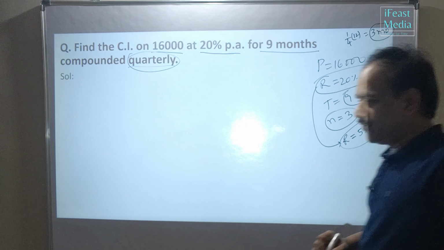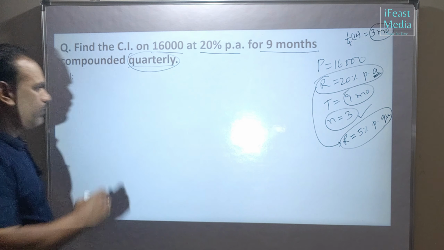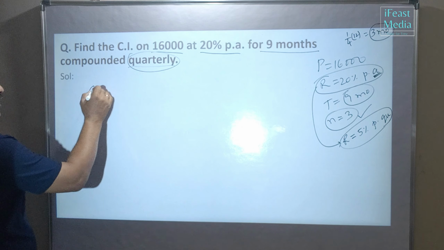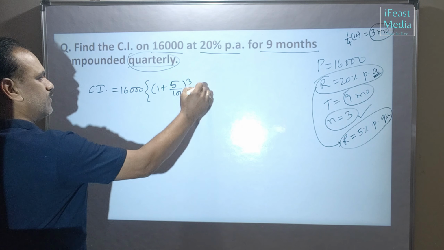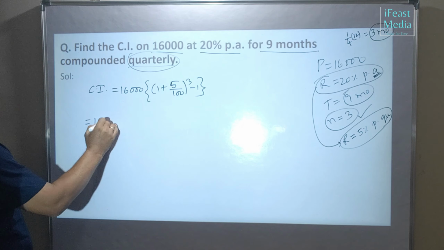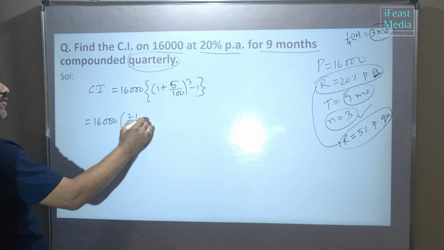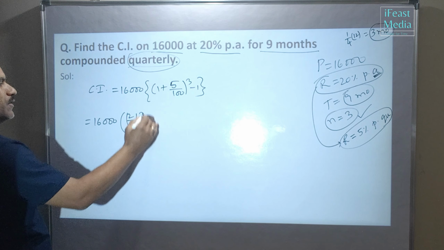Number of time units is 3. So what is the compound interest? It is 16,000 into 1 plus 5 by 100 whole power 3 minus 1, which is 16,000 into 21 by 20 whole cube minus 1.